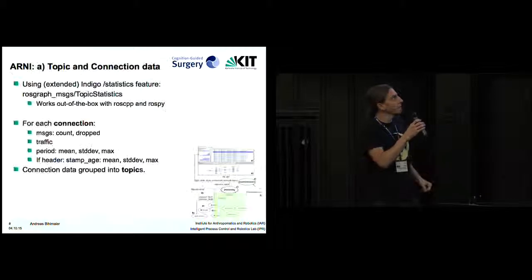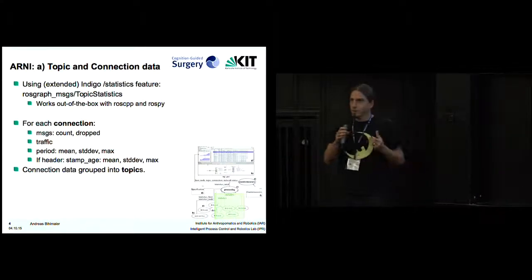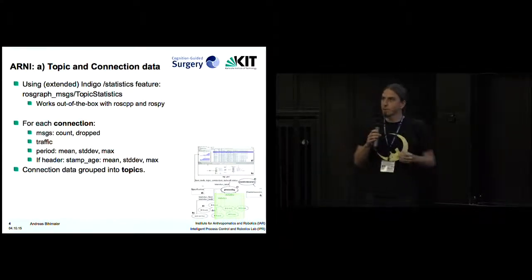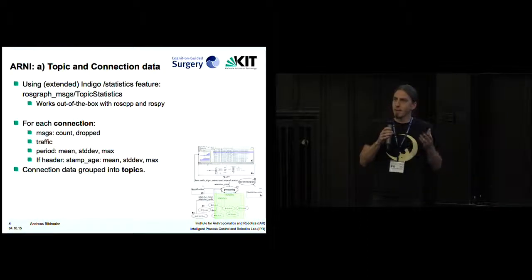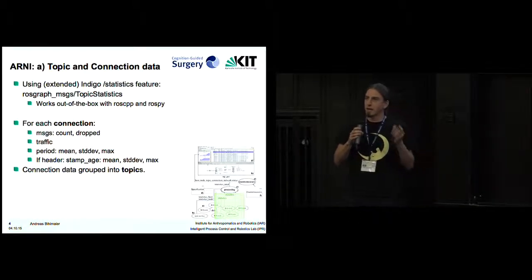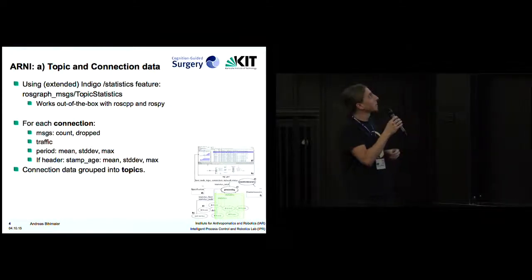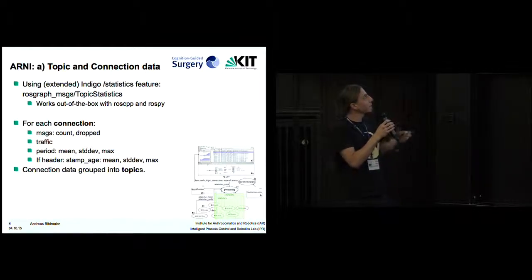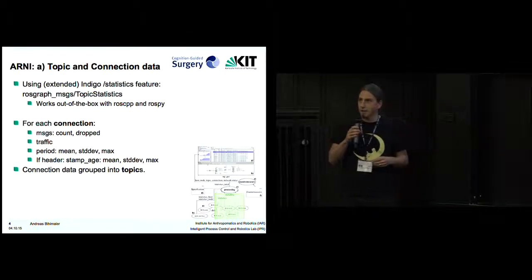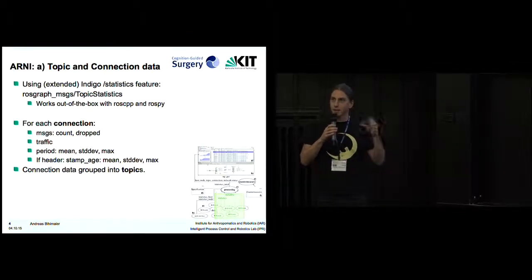Since Indigo you can set a parameter on the server, and then each subscriber automatically publishes to the /statistics topic some meta information about the connections, traffic, frequency of packets, and so on. And they can be aggregated on the topics.